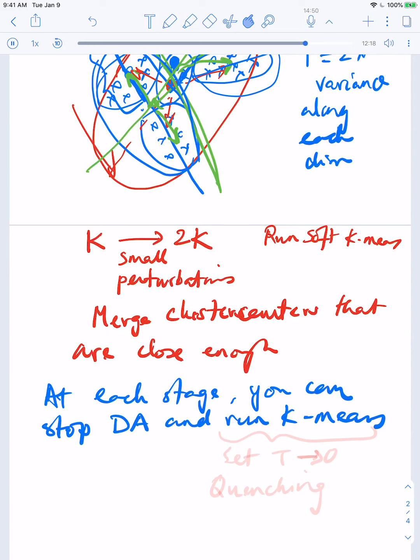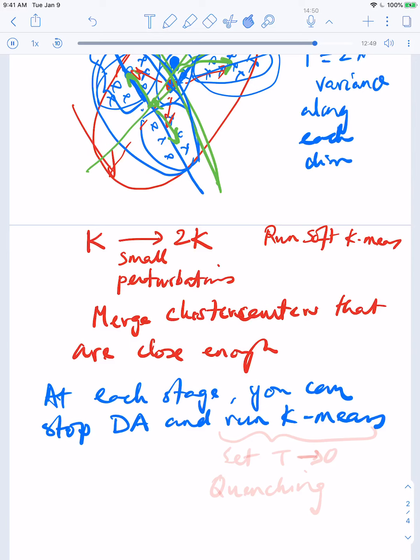At that point, you could run k-means to convergence and say, okay, now here is a good solution with two clusters. Then you lower the temperature further, and suppose you get to 4 clusters at some point. If you want to stop at 4 clusters, you can run hard k-means on it and then just stop there.